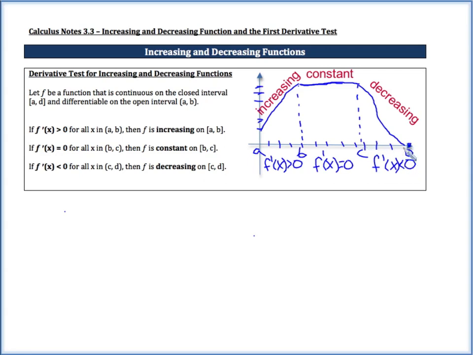Now we have a decreasing function on the interval. Now we can also think about something greater than 0 is positive, this equals 0, and then something less than 0 is negative. Okay, so this is our test to determine where a function is increasing or decreasing.